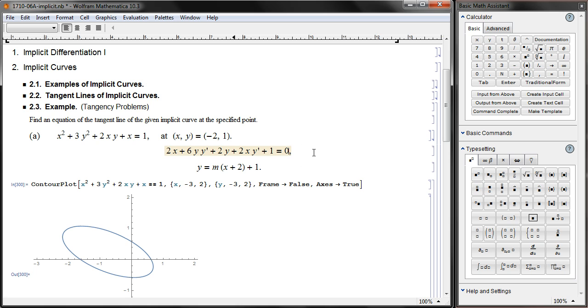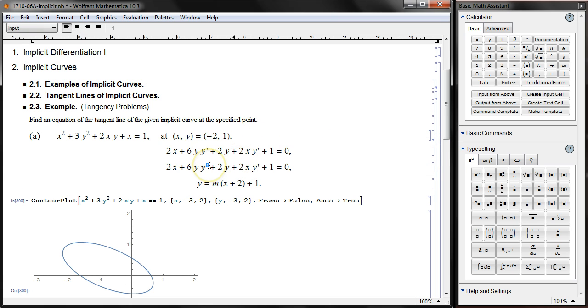We have all that. And what do we do here? We're looking for the slope, right? Now this y prime is my slope. So let's replace that with m. How about the x and y values? x is negative 2, and y is positive 1. So that is my equation, and it's a linear equation in m.